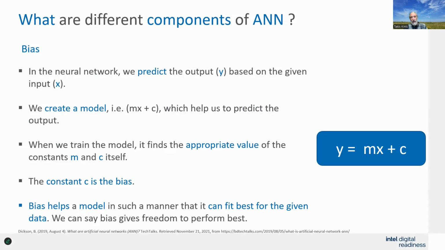Another aspect of working with neural networks is bias, right? And so we look at the standard equation for a linear equation, with y being the output and c being where it intercepts the y-axis. This is the constant, that's the intercept point. And then there's a slope indicated here as well.